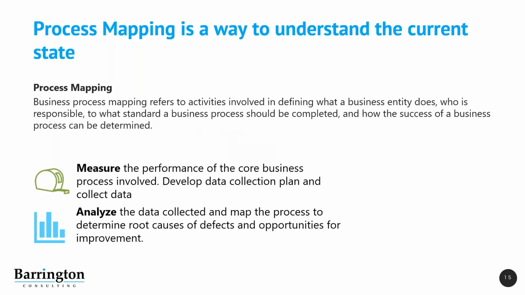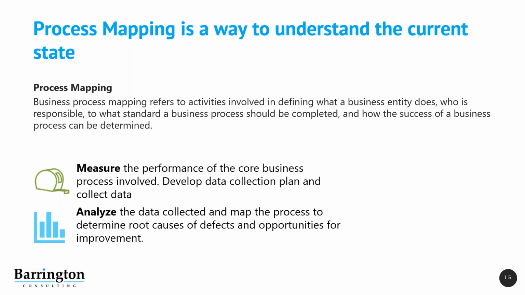Process mapping is a tool in the Lean Six Sigma tool belt, but it's not only used in Lean Six Sigma. Other methodologies and many organizations complete process maps. It's a way to define your process.